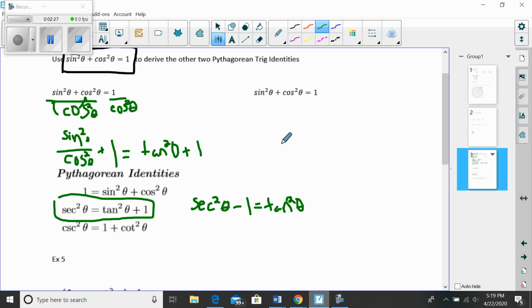Okay, so you try the next example by dividing both sides by sine squared x. So pause the video, give it a try.